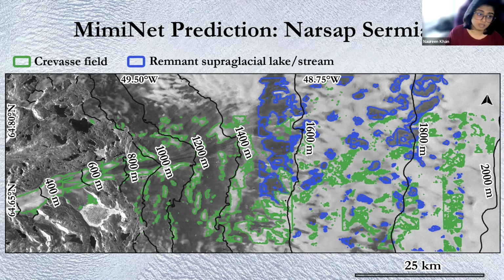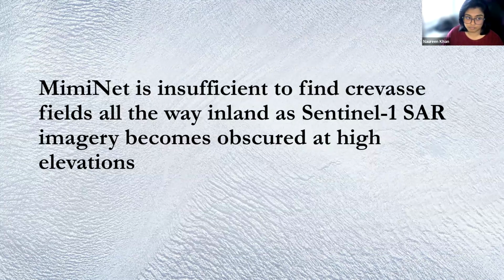But if you look at both of these Sentinel-1 images, the higher you go, the more obscure the imagery becomes, because at very high elevation there is a lot of snowfall. It's difficult to detect a proper distinction between the classes, so it becomes insufficient in this case.